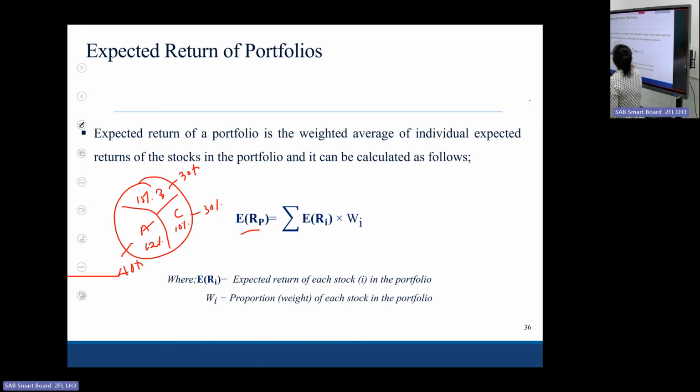So that is the portfolio expected return. That is easy. If you have 20 stocks, same thing. It is the expected return of each stock in the portfolio times the proportion of the weight of each stock in the portfolio.